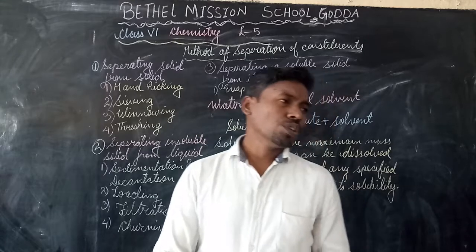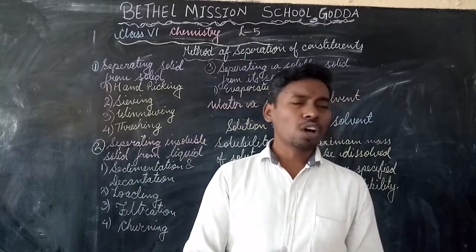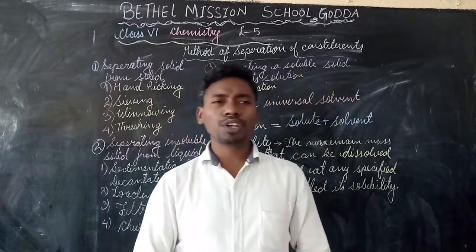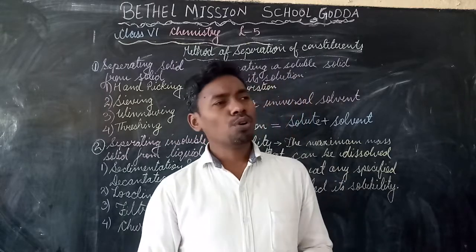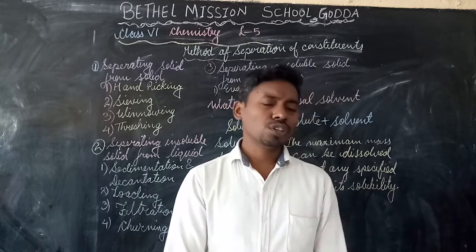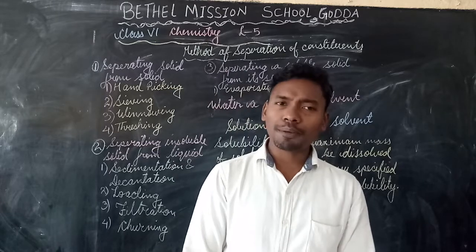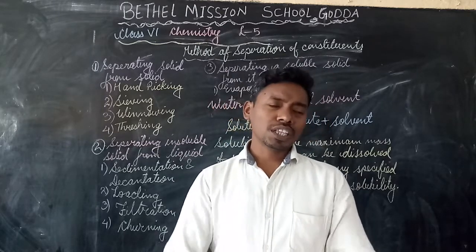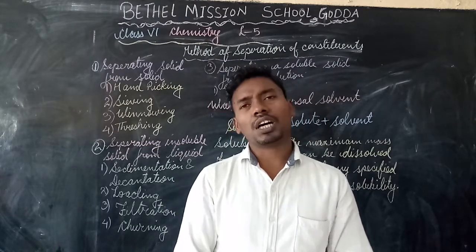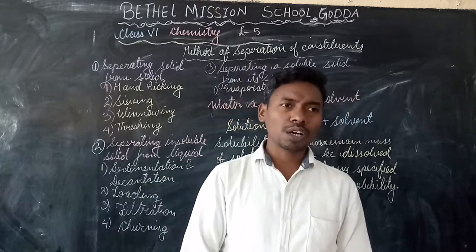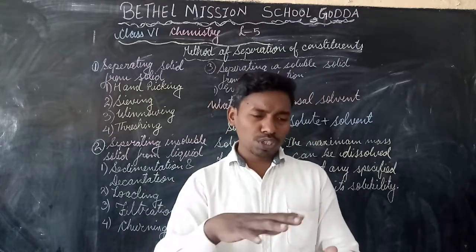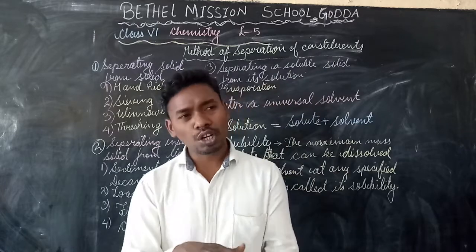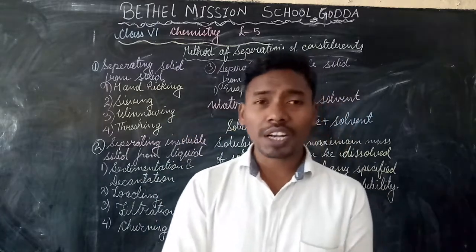Sedimentation, what do we do? In this, the solid particles which are mixed in the liquid are quite heavy. So this mixture is left undisturbed for a long time, and these heavy particles slowly settle down at the bottom of the container.